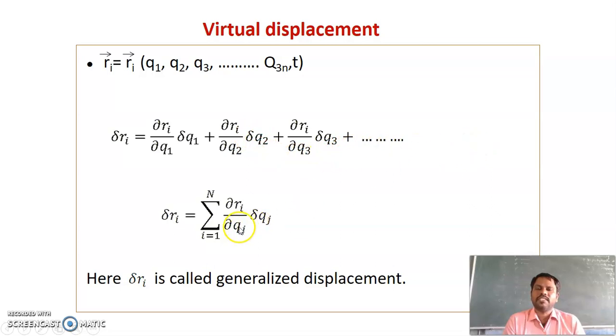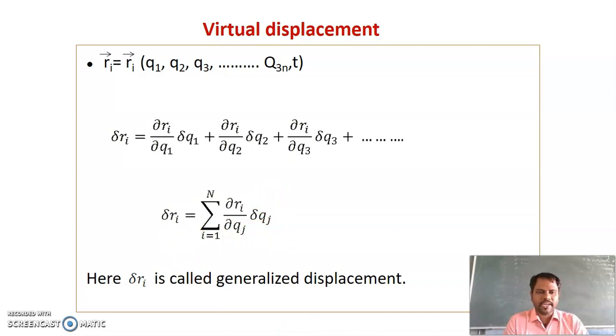So it can be represented in summation form as delta Ri is equal to summation of j is equal to 1 to n dou Ri by dou qj into delta qj. This represents a generalized displacement.